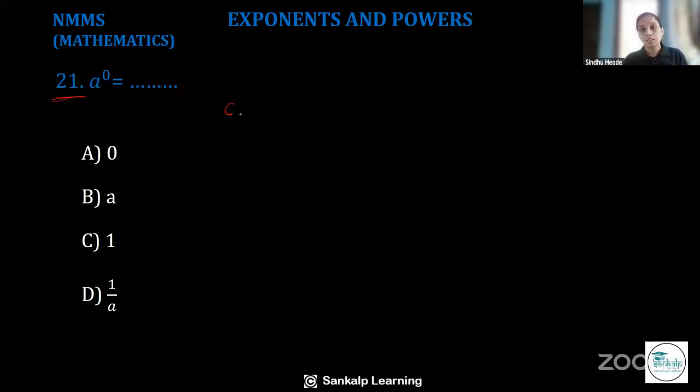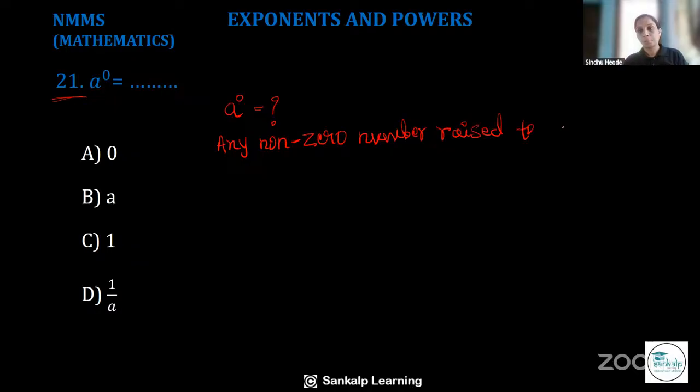Here the given number is A raised to 0. So according to the rule, any non-zero number raised to the power of 0 is always equal to 1.